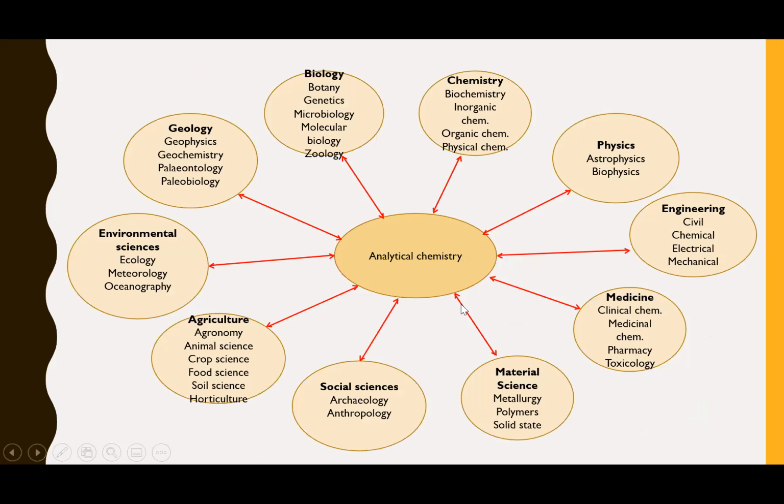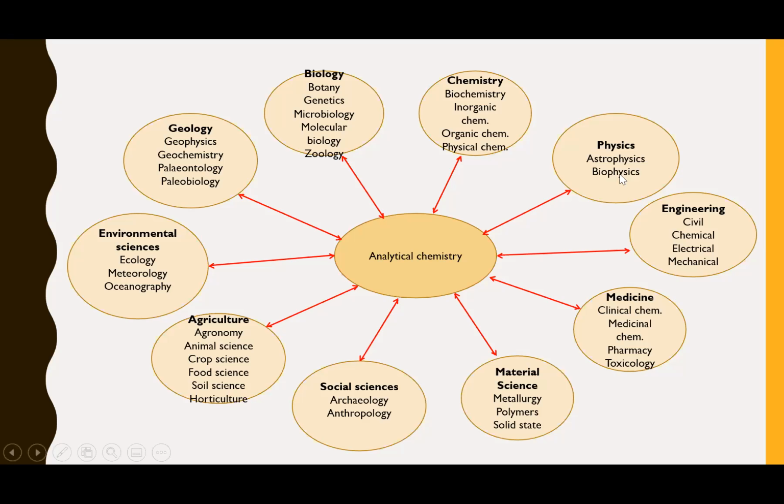Again, analytical chemistry is not only for chemists. Analytical chemistry is for people from many branches of sciences or non-sciences. For example, in chemistry, it's obvious. We use analytical chemistry a lot, even though we are learning or doing things in organic chemistry or physical chemistry, we still need analytical chemistry.